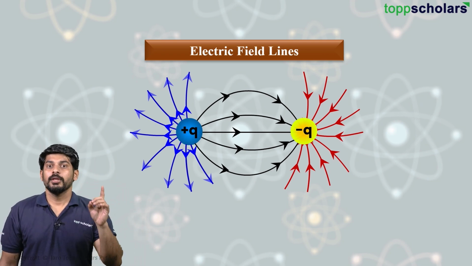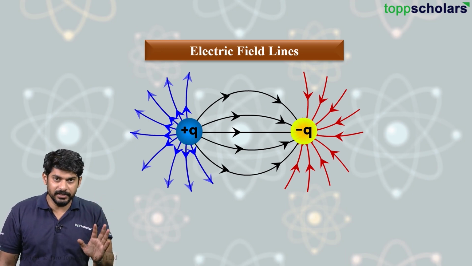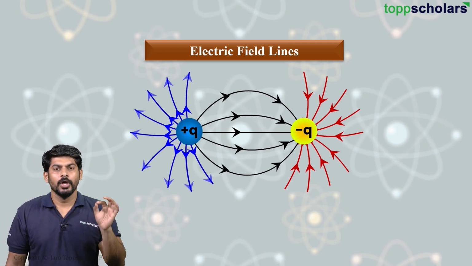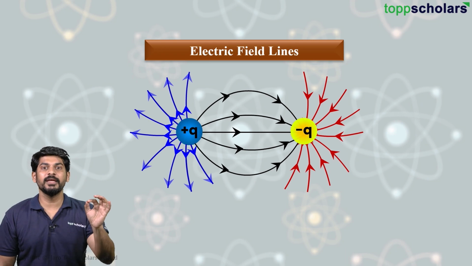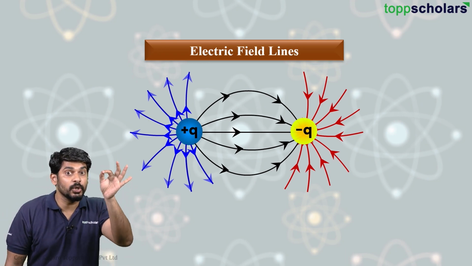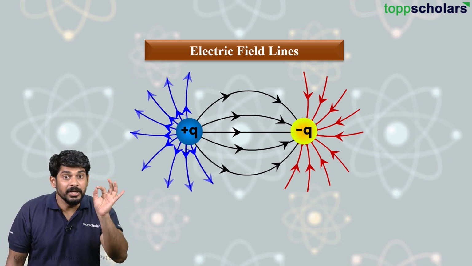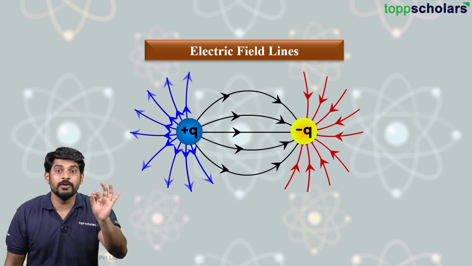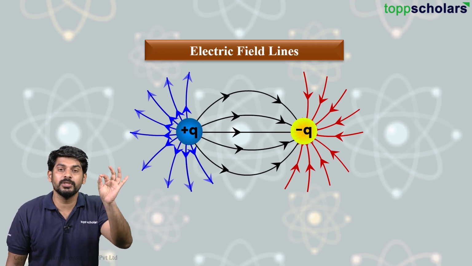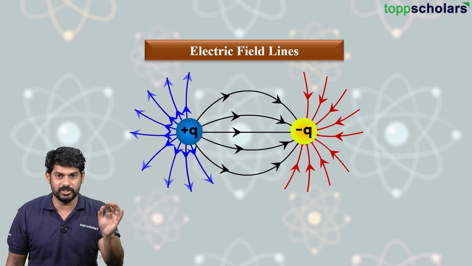Okay, now let's understand what we really mean by these electric field lines and what they really indicate. Electric field lines are curves such that the tangent drawn at any point on these lines indicates the direction of the resultant force at that point on any test charge. Repeating, the electric field lines are curves such that the tangent drawn at any point on these lines indicates the direction of the resultant force at that point on any test charge.